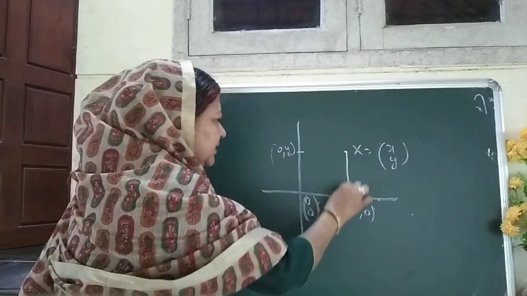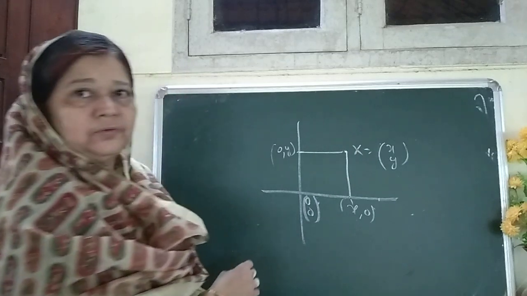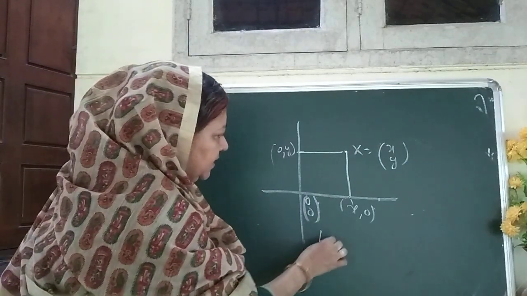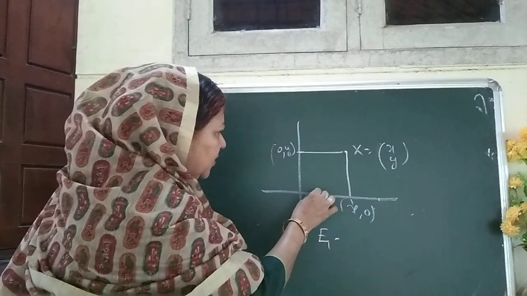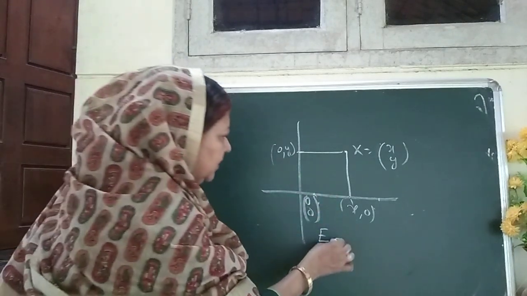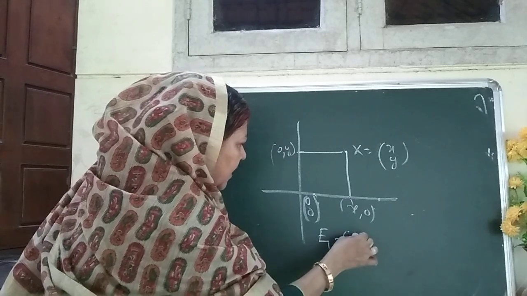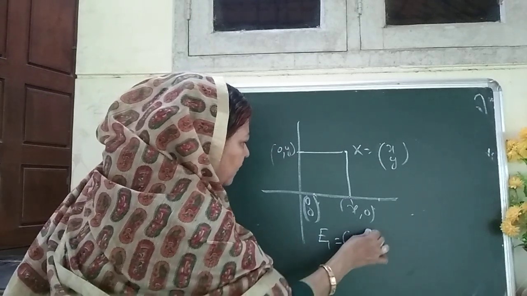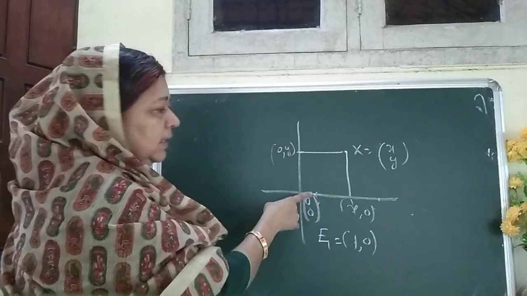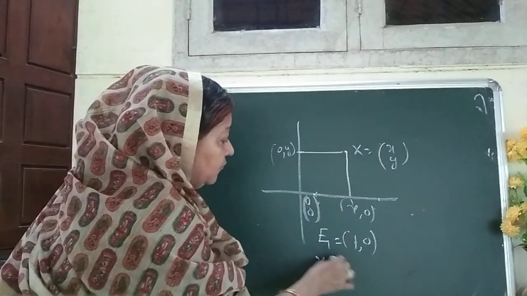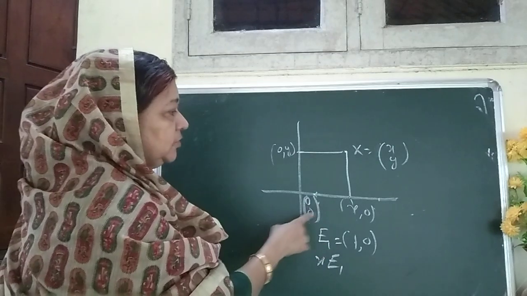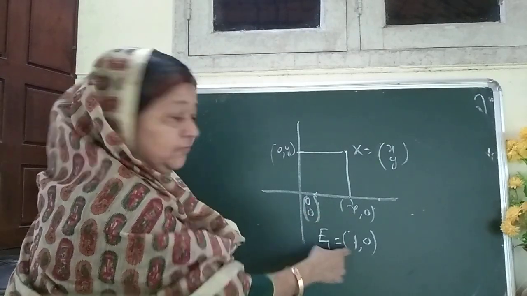So xy equal to, again we can take an E1. E1 is a unit vector, that is, E1 contains 1 as x coordinate and y coordinate as 0. Therefore, this x0 means x into E1, x into 1, 0, that is x into E1.